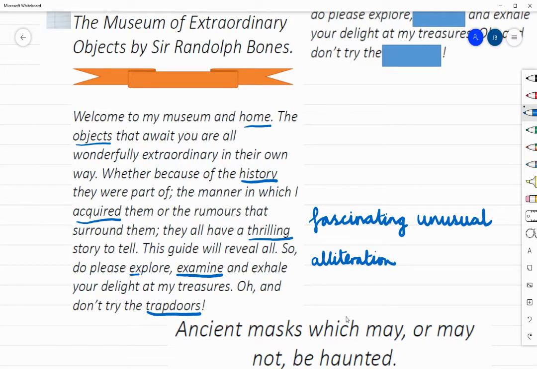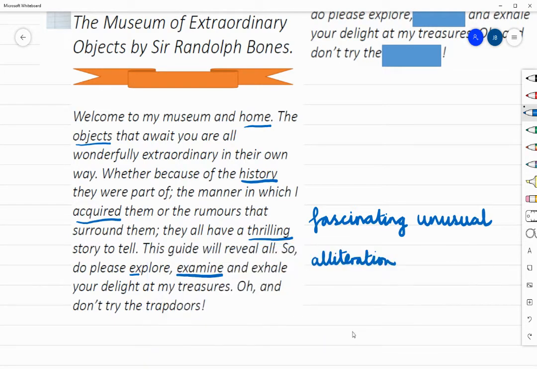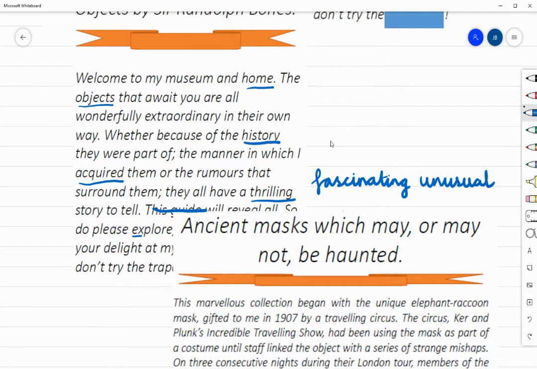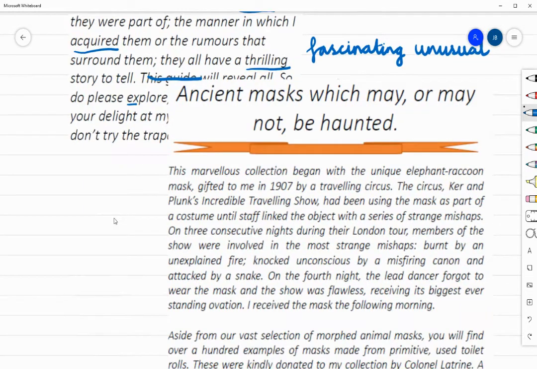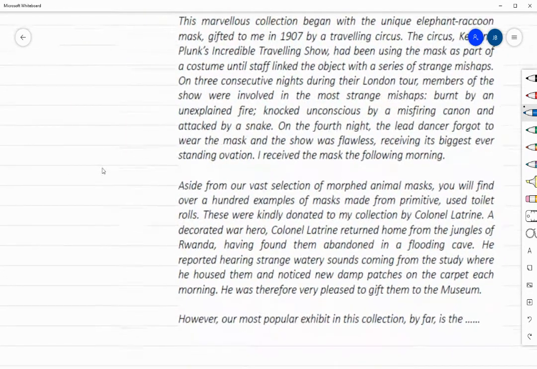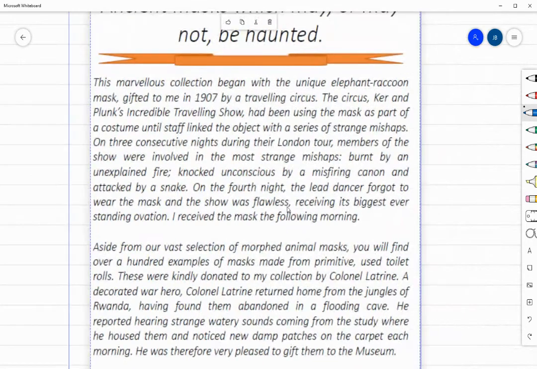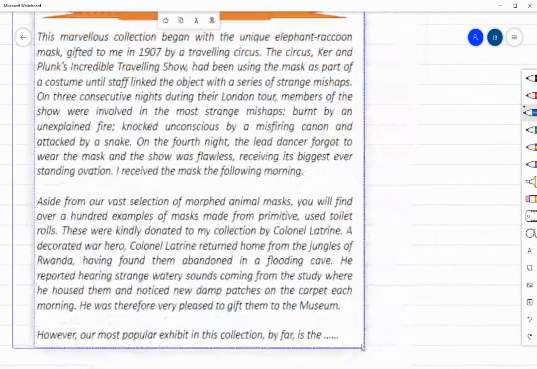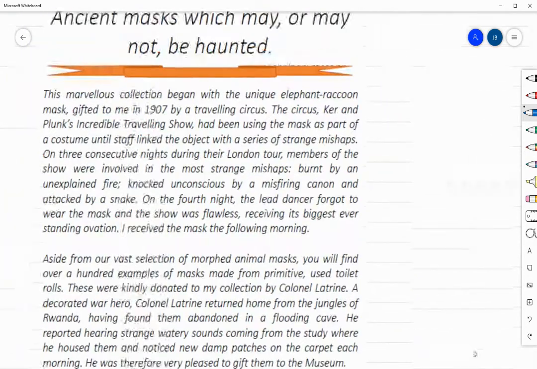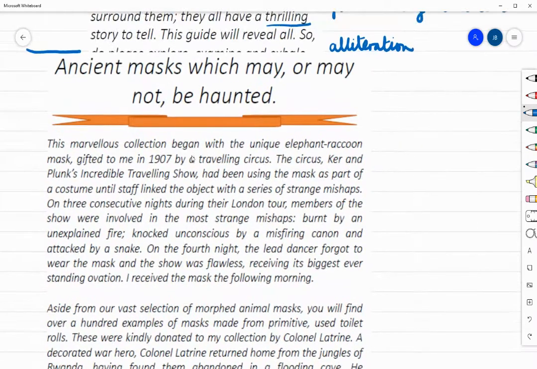So as you can probably see from the bottom of my screen, which I'm going to ping up now, we are going to look at one particular part of the museum. We're going to look at one of the rooms. If we can remember some of those rooms, we had unreliable trapdoors.